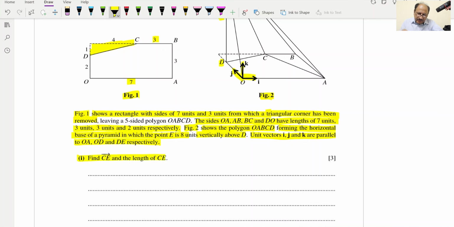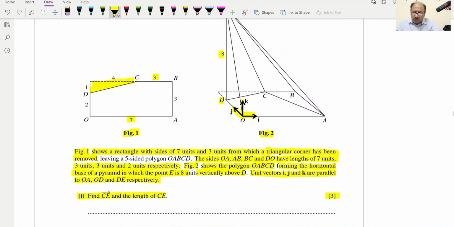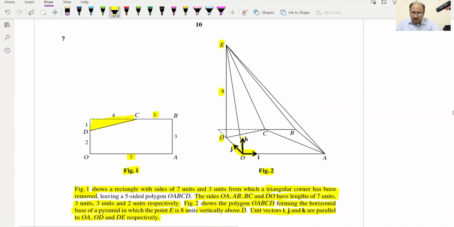Part 1: find CE and the length of CE. So CE we need to identify first. CE is basically this direction, and we can take this route to answer this one. This will be 4, and this is minus 4i, because it is the opposite direction of i.